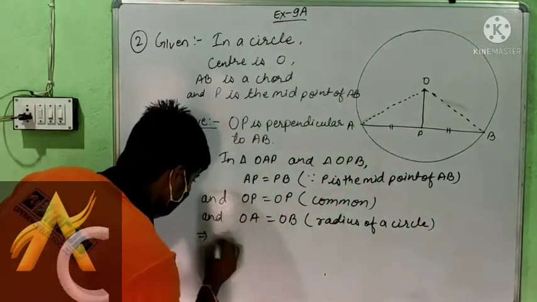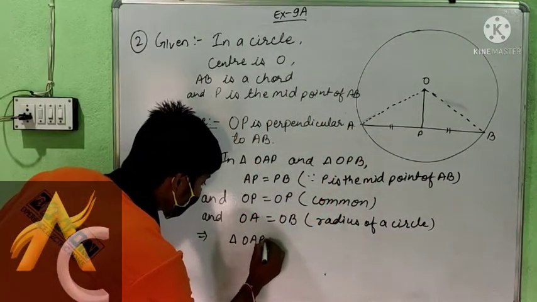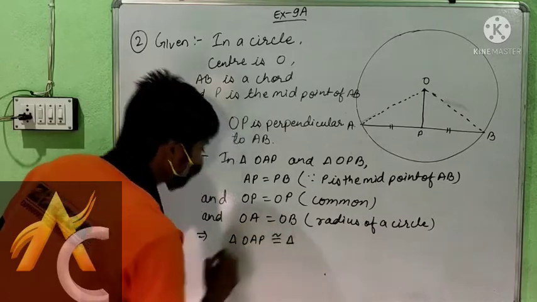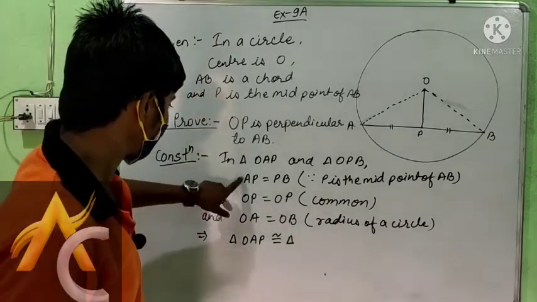So triangle OAP is congruent to triangle. Now compare this.